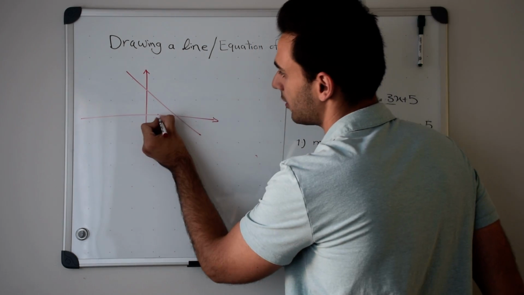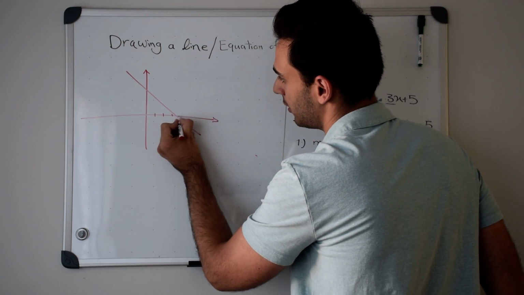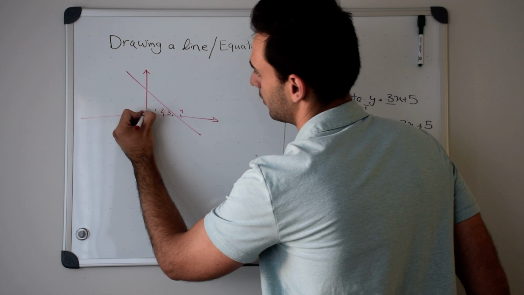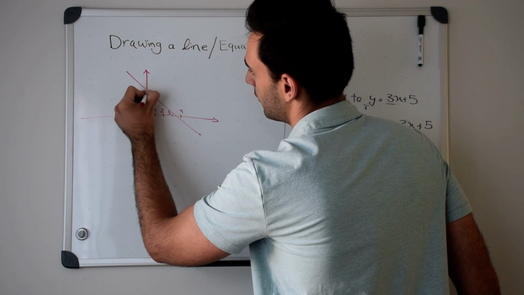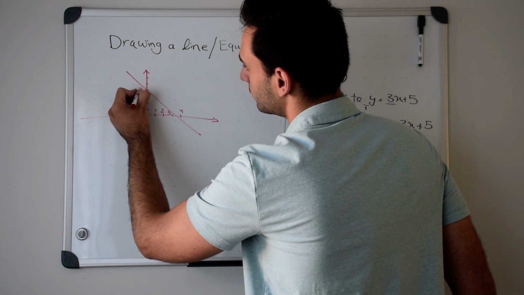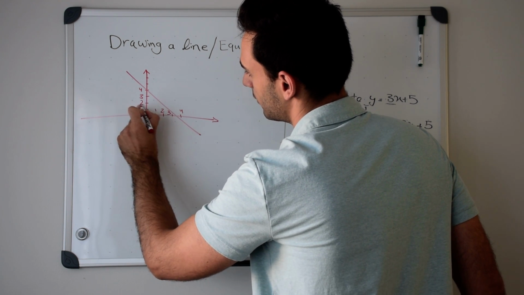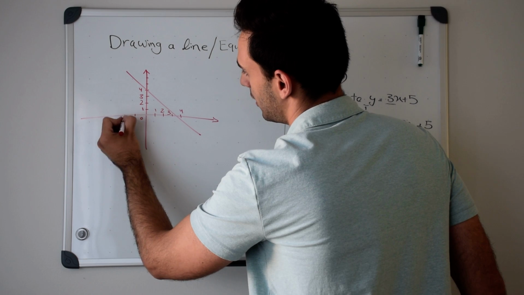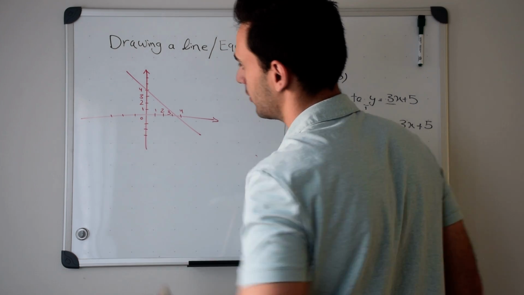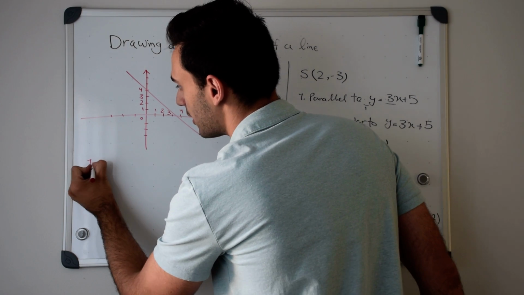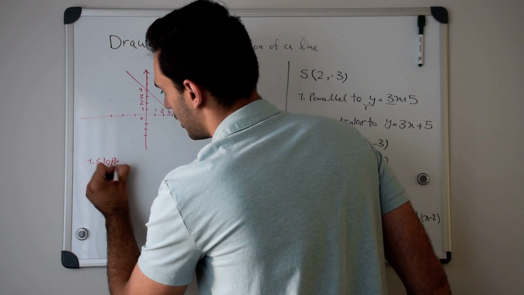And it's like 1, 2, 3, and this is 4, and this is 3, 2, 1, and 1, 2, 3, 4, 5, 6. These are the other points, we don't care. First of all, I need to find the slope. How do I find the slope?